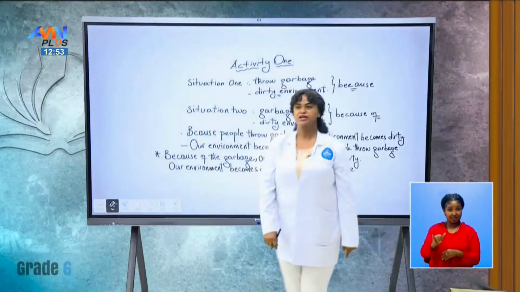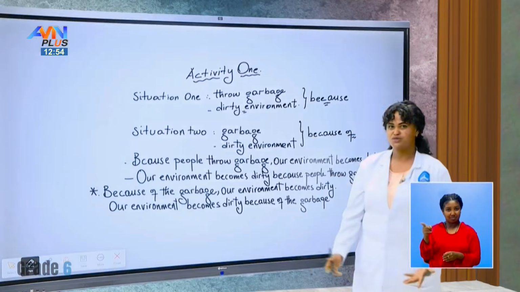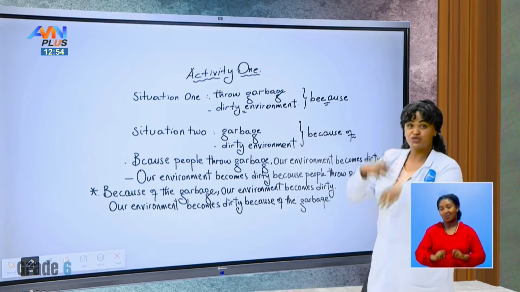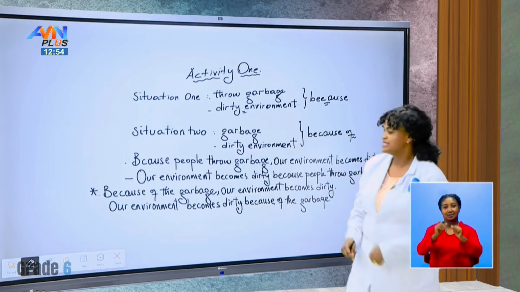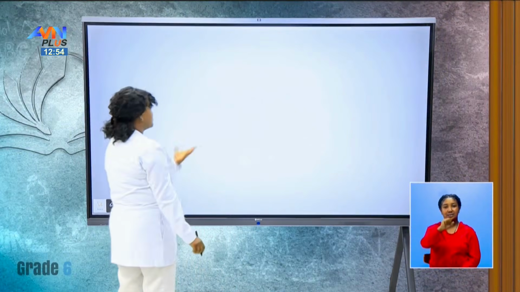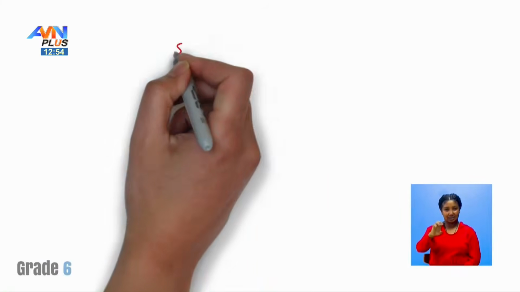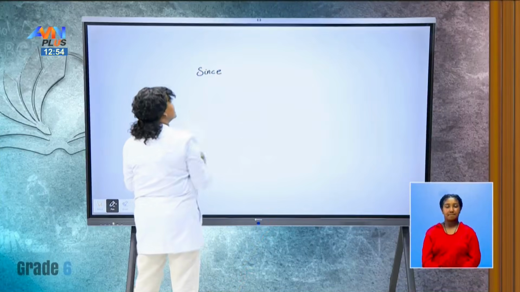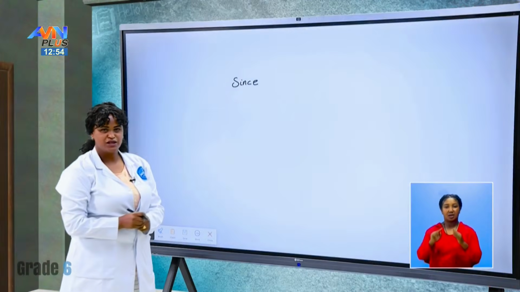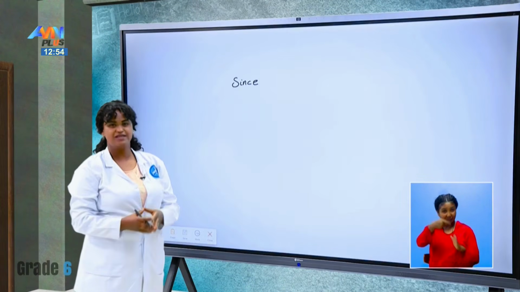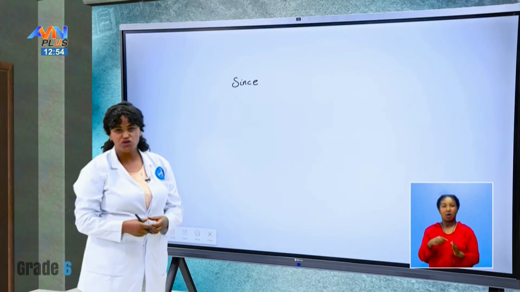Is there anything that you want to tell me or something? Yes? No? Okay. Let's go to the second pattern. All right. The second pattern is since. The other one, the third actually, since. In order to tell cause and effect, we can also use what?